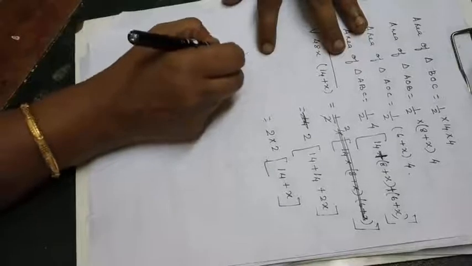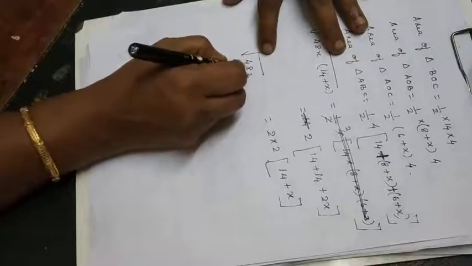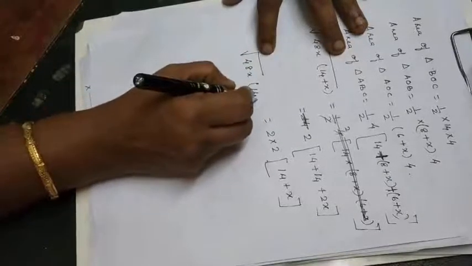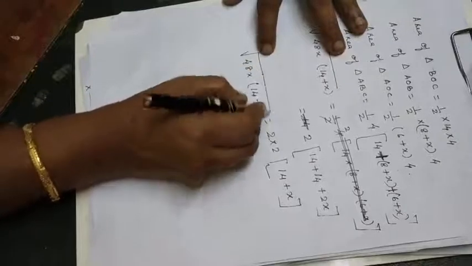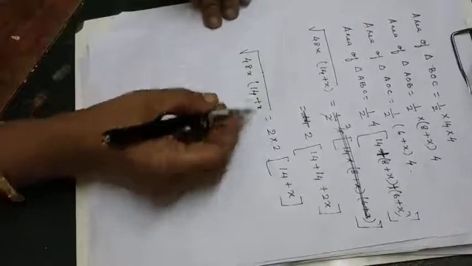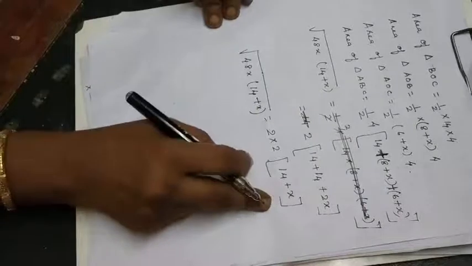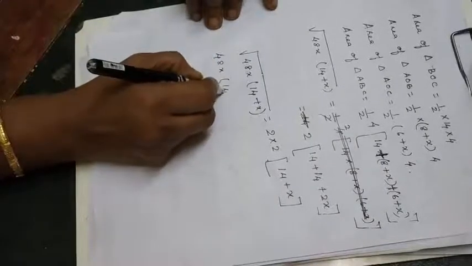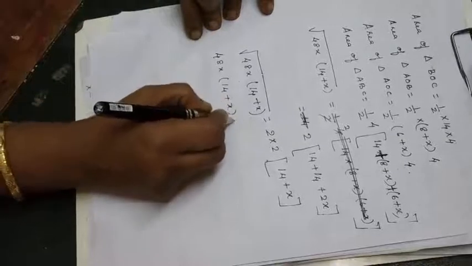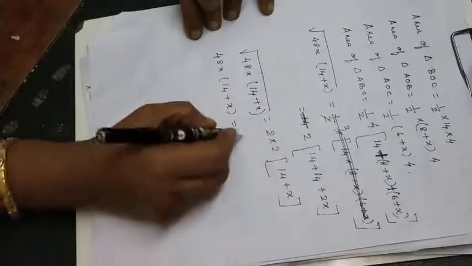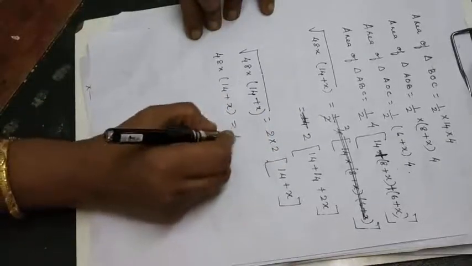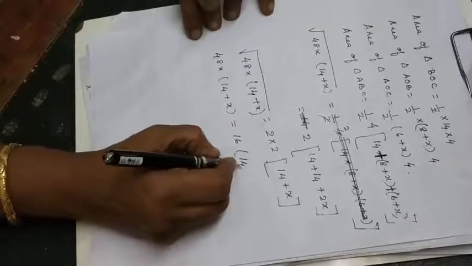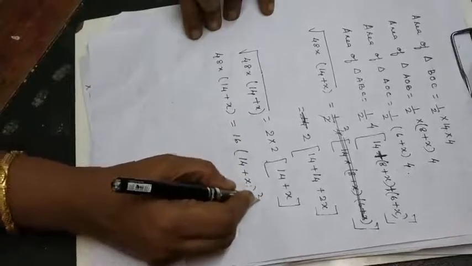Okay, so here 48x into 14 plus x, that is in root sign, so square to avoid that root. So you will get 48x into 14 plus x is equal to 4, that is square 16 into 14 plus x the whole square.